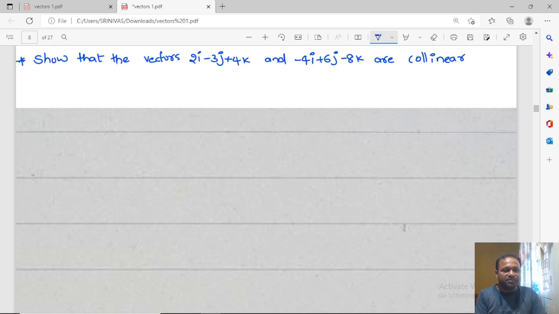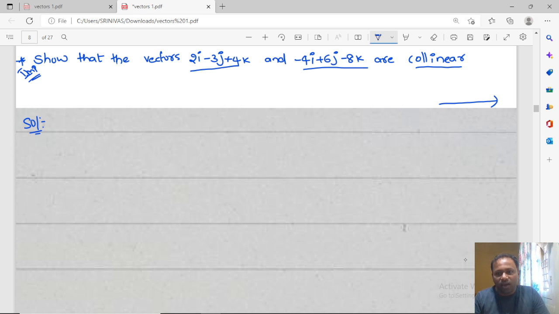So this is the problem. This is also a most important question, and it is the easiest one. Show that the two vectors are collinear vectors. Okay? So collinear means lies on the same line or parallel lines.